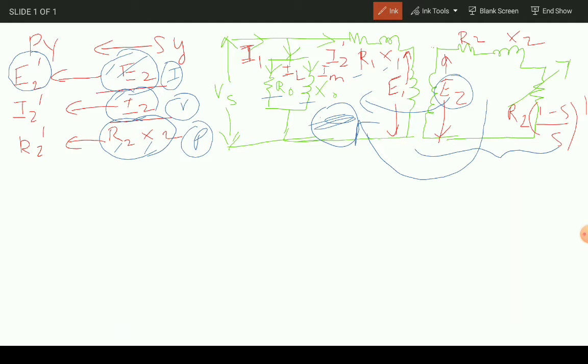So that's the meaning. The current in the secondary, that is in the rotor, is I2, and when it is shifted to the stator it becomes I2 dash. The resistance R2, when shifted to primary, becomes R2 dash. This is just to identify whether it is the actual resistance or shifted from secondary to primary, primary to secondary, stator to rotor or rotor to stator.